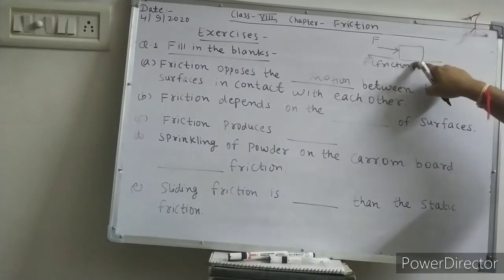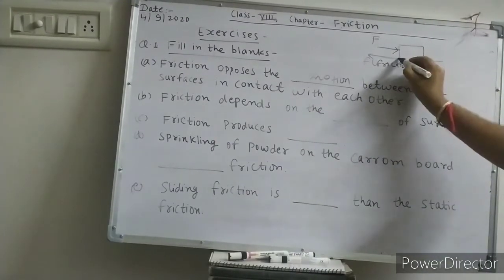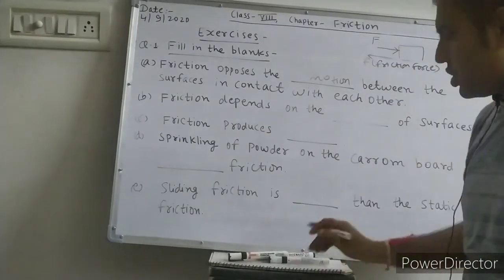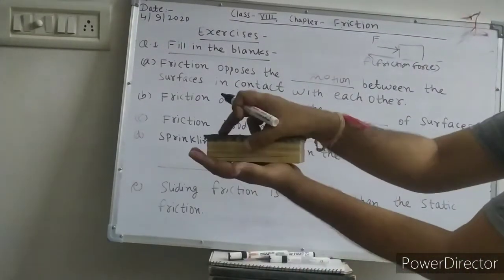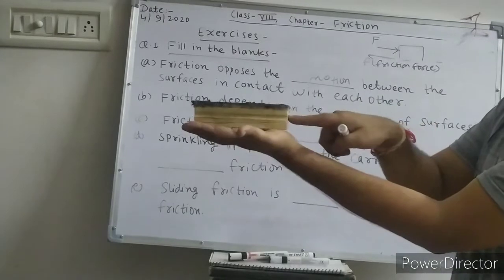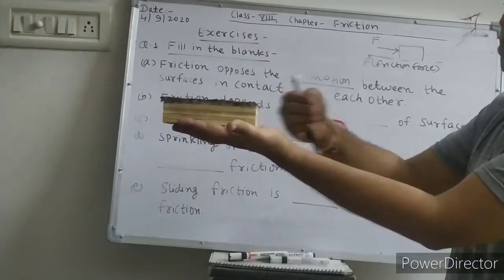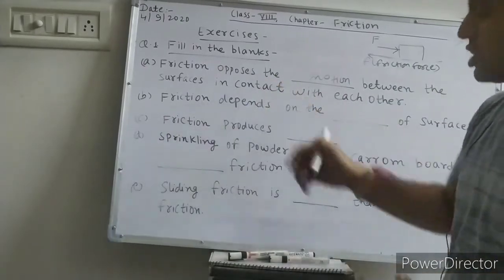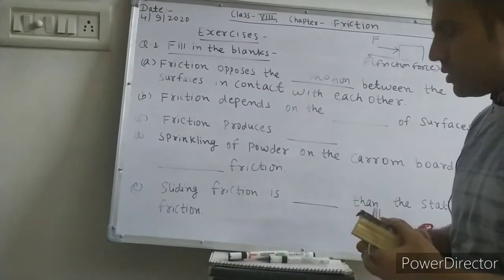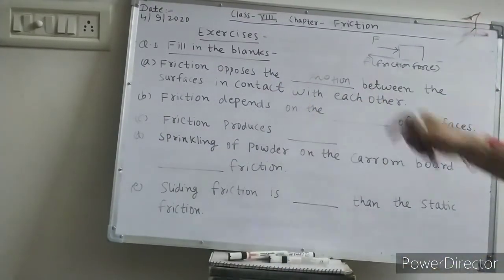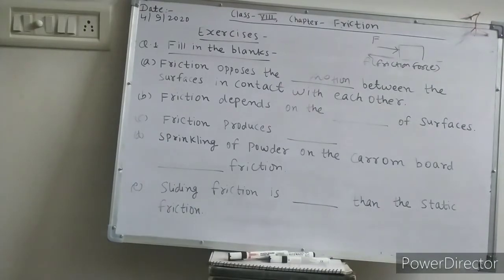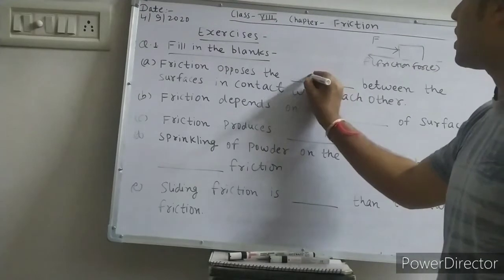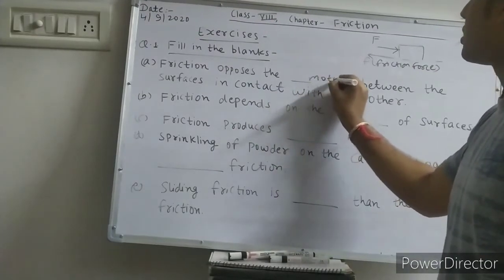Here two surfaces, this object surface and this surface, are in contact with each other like this, and you are applying a force, and friction is in the opposite direction. So friction opposes the motion between the surfaces in contact with each other. So you will put the answer here, motion.